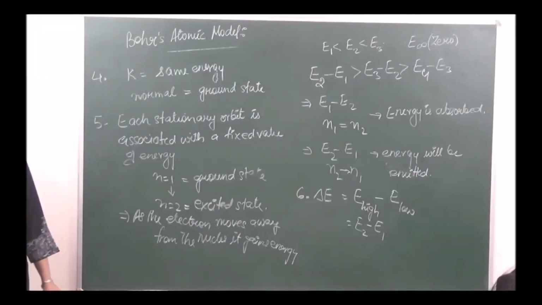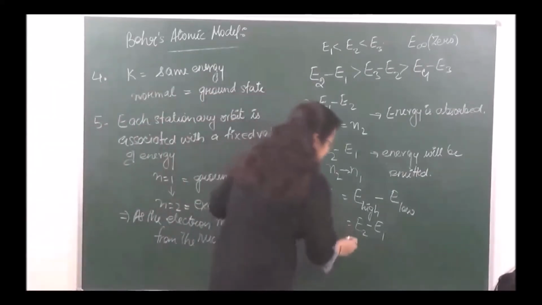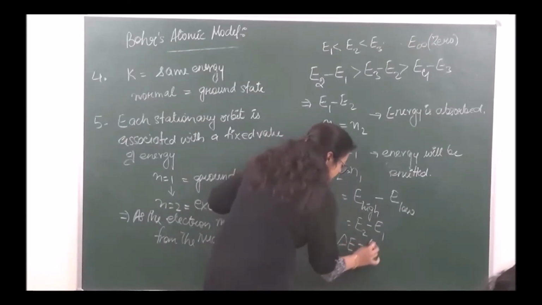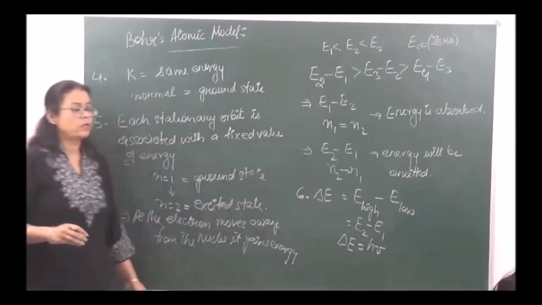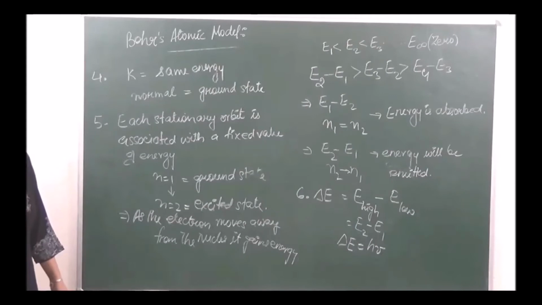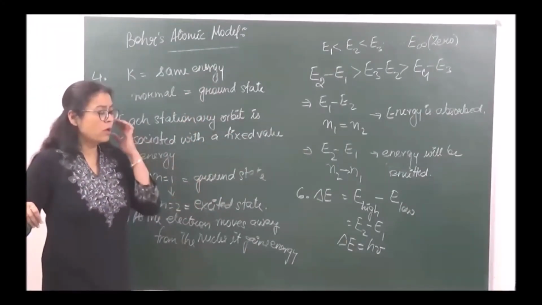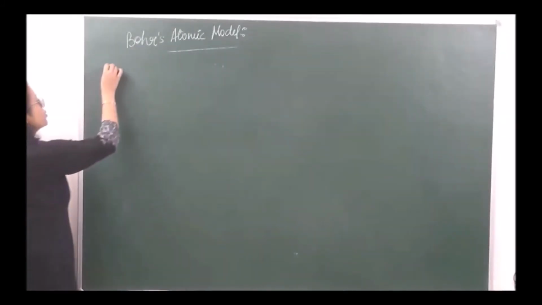Okay, so delta E is equal to this, and we also know that E is equal to h nu. Therefore delta E will become equal to h nu. Okay? Clear? So this is what Bohr's theory is. Now there were many applications related to Bohr's theory. Let's go on to those applications of Bohr's theory.